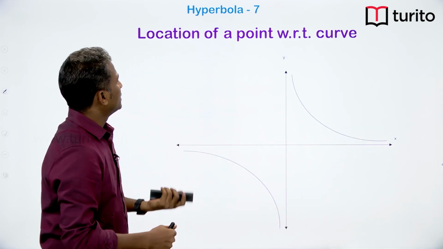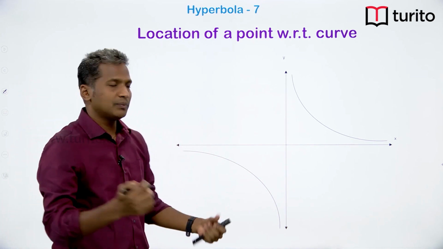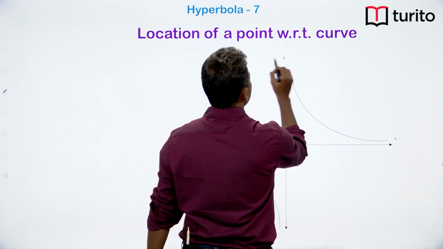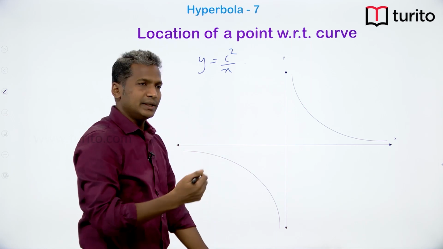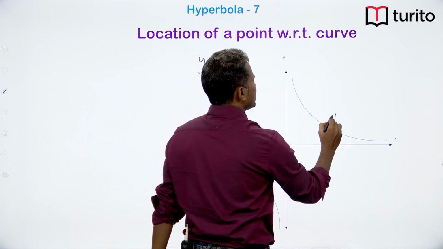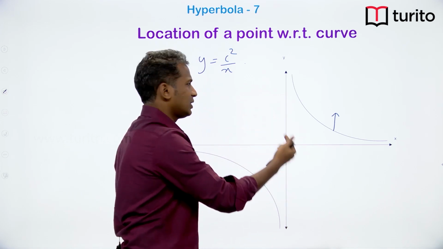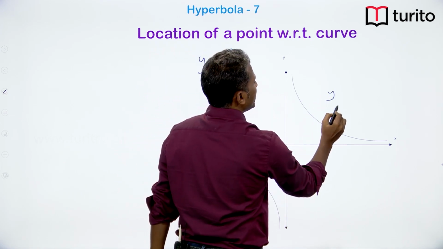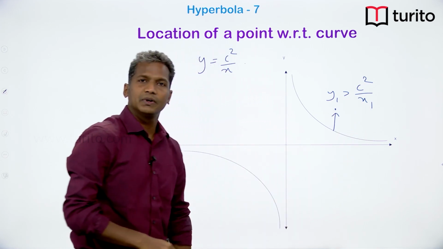Okay. So now how do we understand the location of a point with respect to a curve? Suppose I take this curve as y equal to c square by x, then if I am going above the curve, that means in the upward direction, for any point here y1 must be greater than c square by x1. Okay.